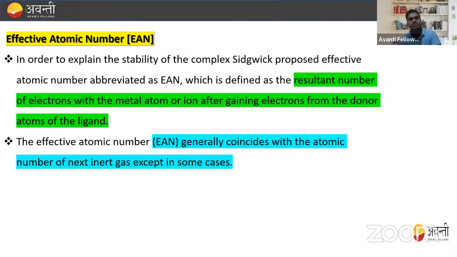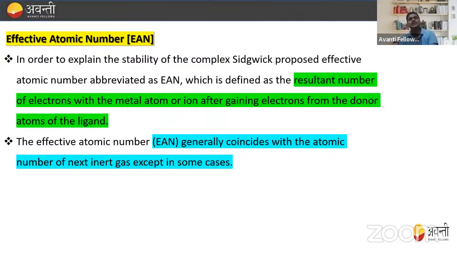In order to explain the stability of the complex, Sidgwick proposed the effective atomic number, abbreviated as EAN, which is defined as the resultant number of electrons with the metal atom or ion after gaining electrons from the donor atom of the ligand, right? So how many electrons they have.